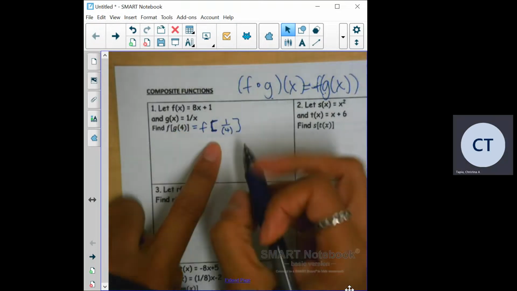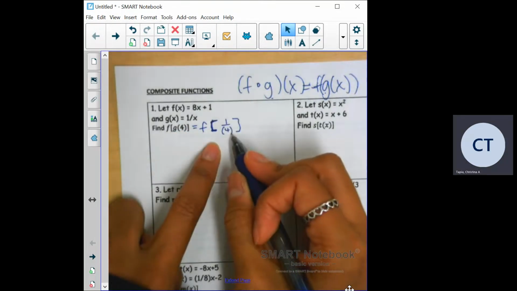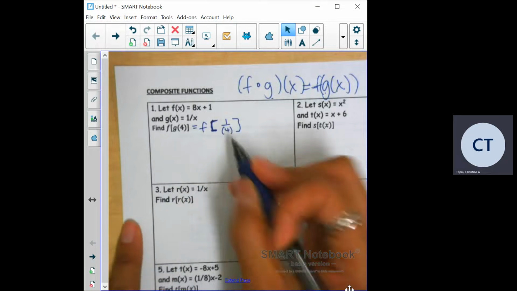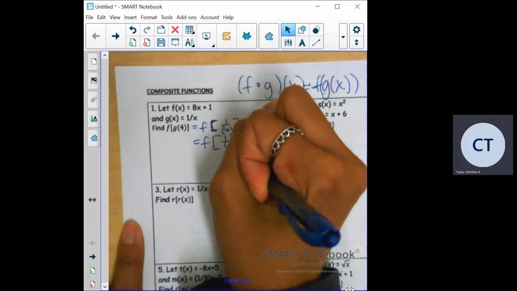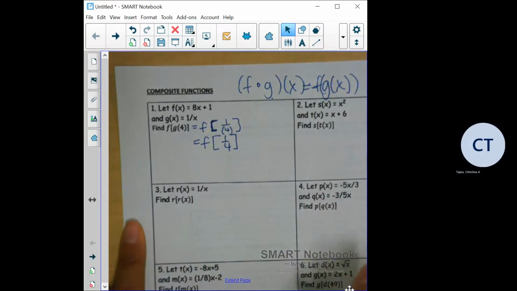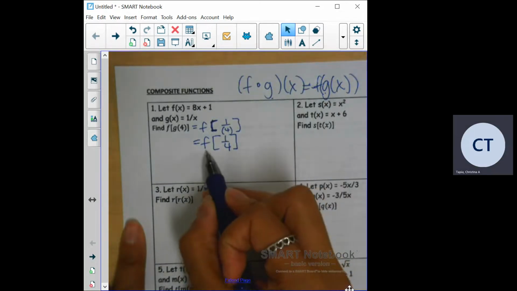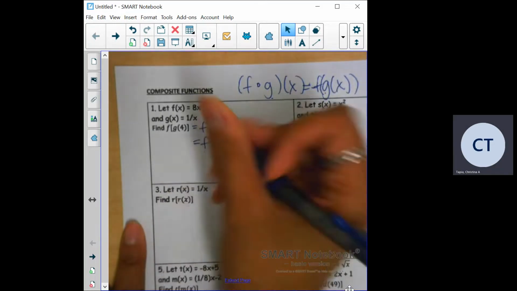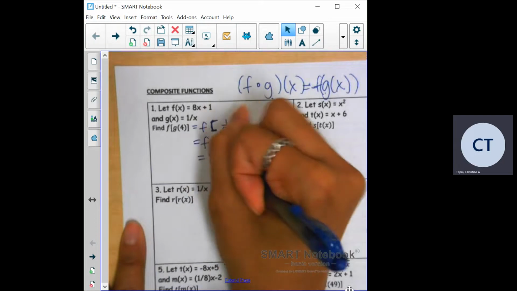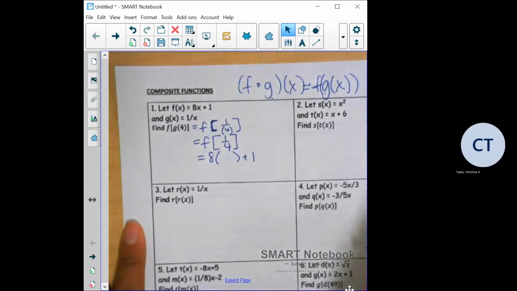I want to see if anything in these parentheses is going to simplify. Well, I really just have 1 over 4. The most I can do is rewrite that 4 without the parentheses. I can't simplify it any further. Now I need to do f of 1/4. Using the f function, I'm going to rewrite 8 times x plus 1.